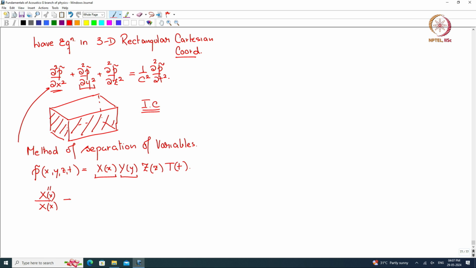Similarly, Y double dash of y means Y differentiated twice with respect to its argument y, plus Z double dash by Z of z, is equal to T double dot by c square into T.